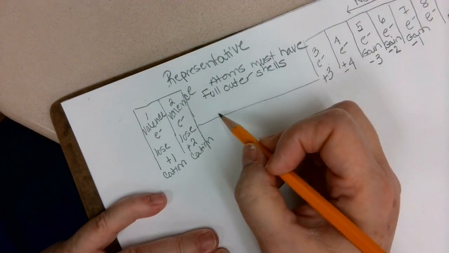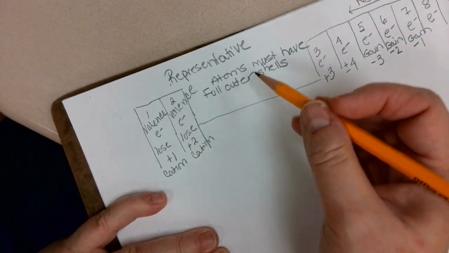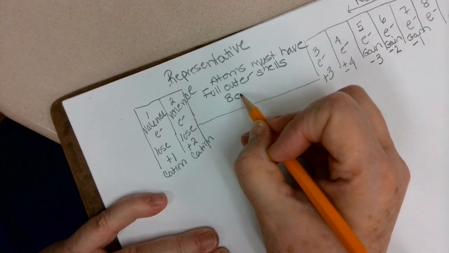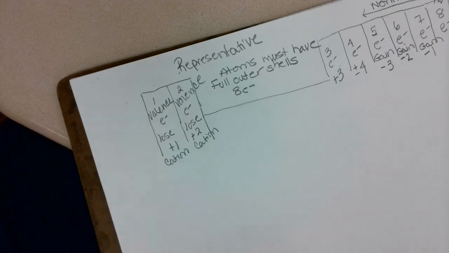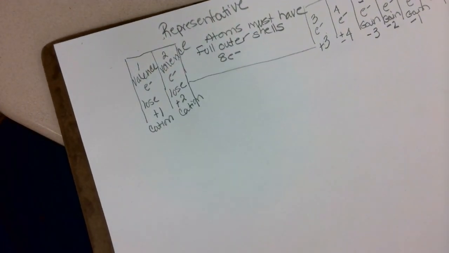And then in most cases for the representatives, that means 8 electrons, with the exception of hydrogen and helium, which will have 2 electrons.